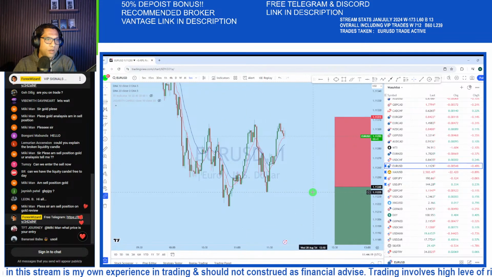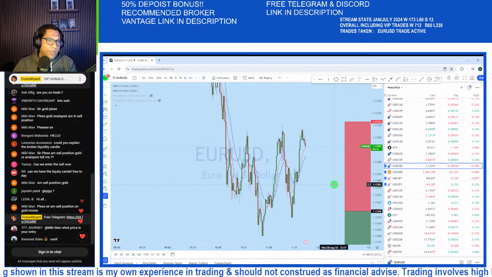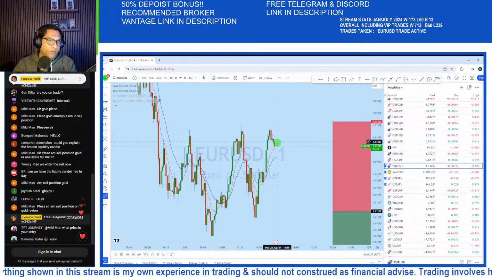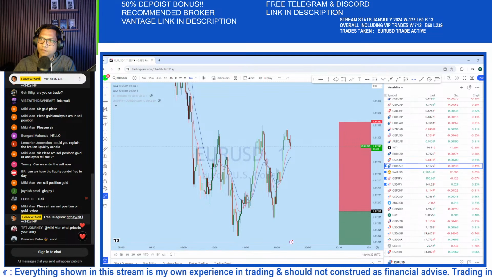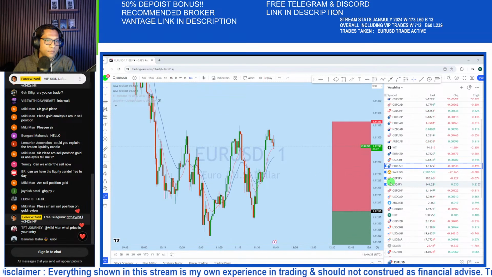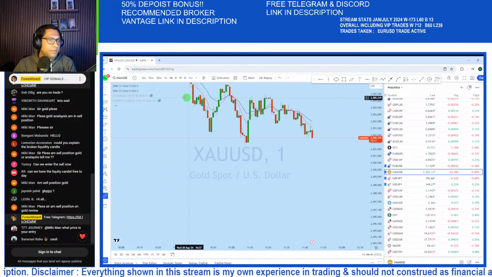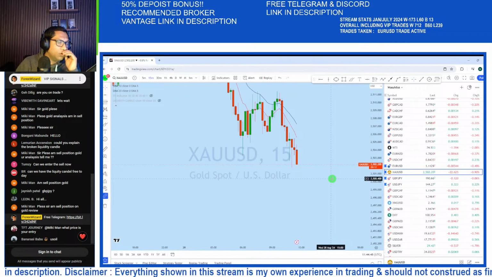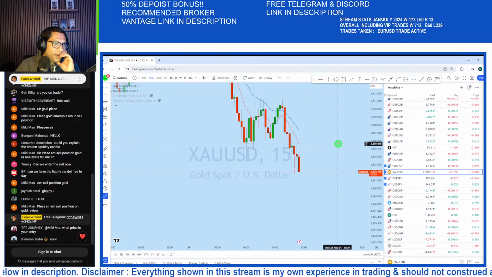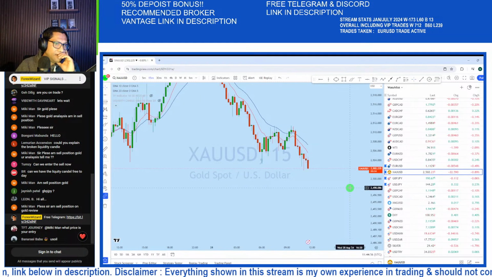Euro dollar has broken back to the upside, but at the same time, it is possible for the market to break again. We'll see where it is heading. Gold is basically forming a very good price action for potential downside.